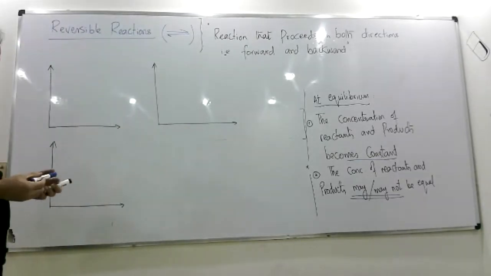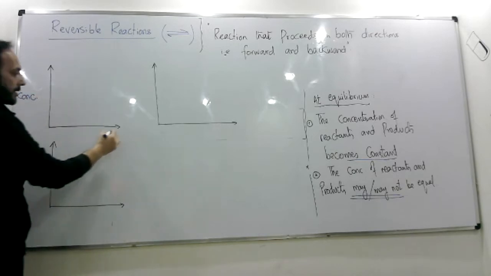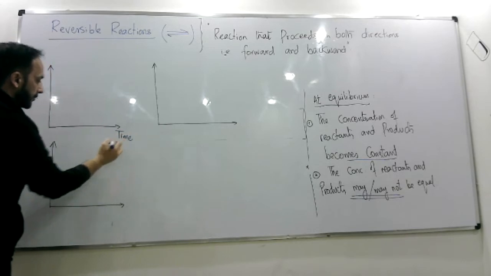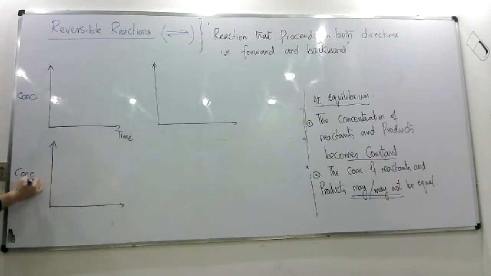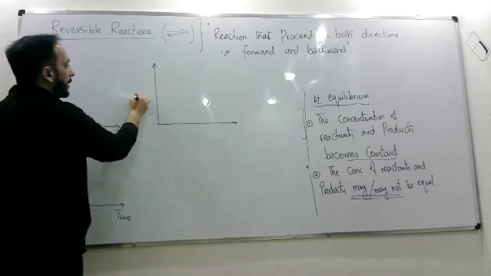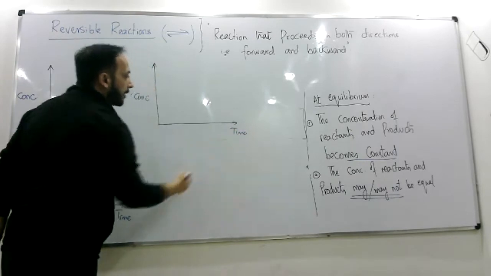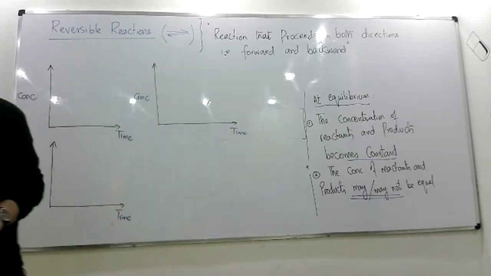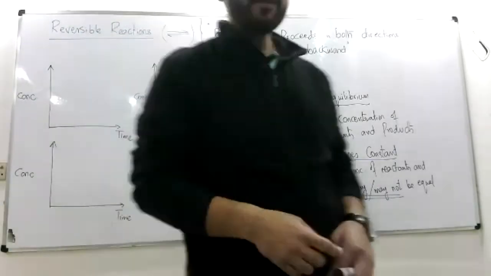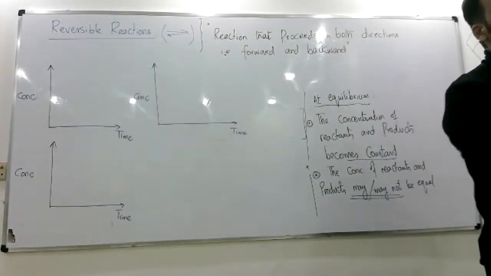Three graphs. On the Y-axis is concentration, in short we write CONC, and time here. So for a reversible reaction, one of these three graphs can be correct only.